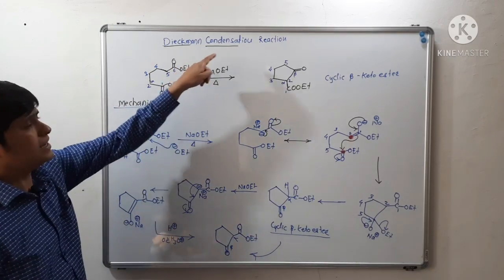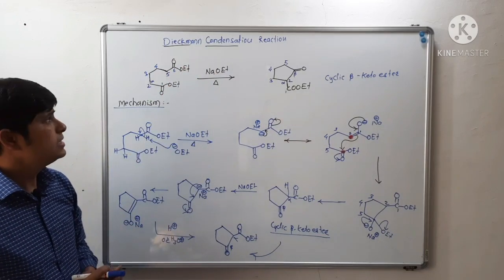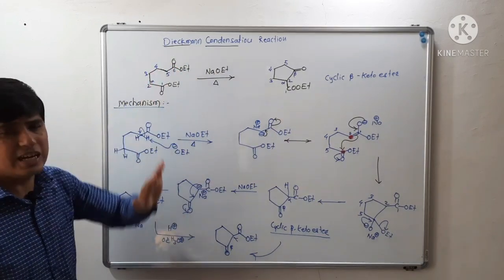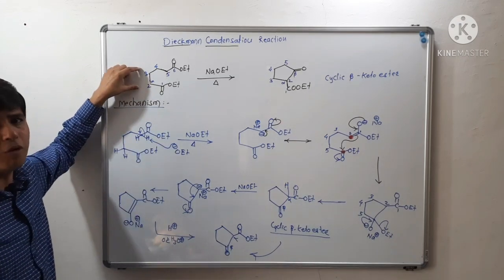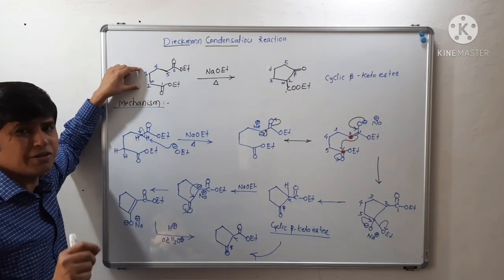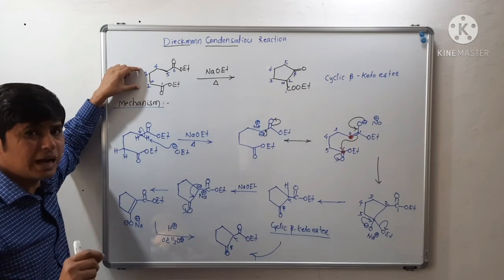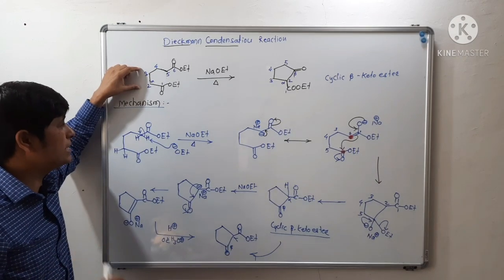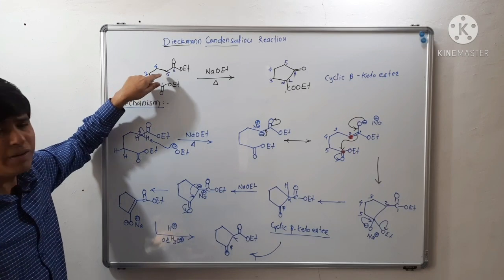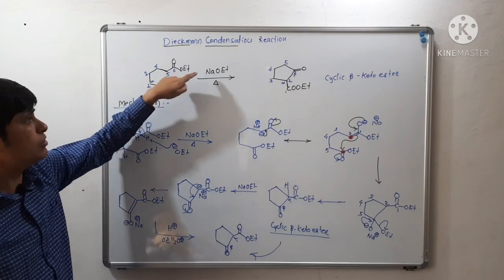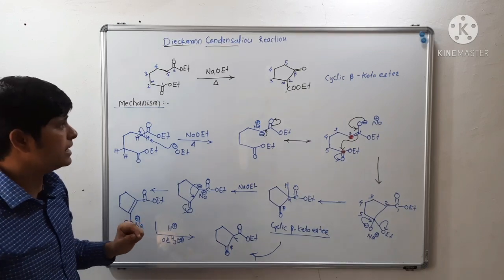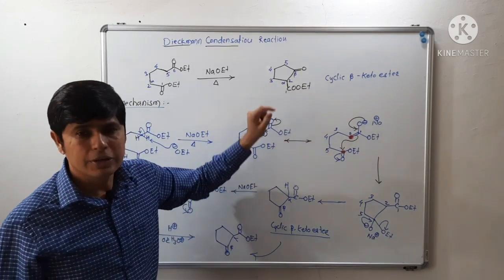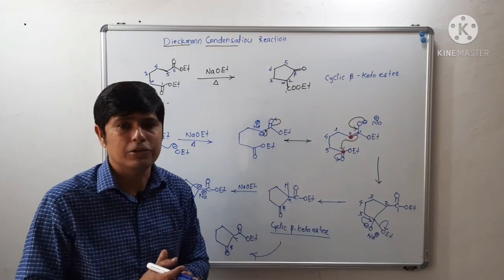So this is a Dieckmann condensation reaction. See, in Dieckmann condensation, once again I am repeating, a diester molecule which is having at least one alpha hydrogen atom, when we react such a diester molecule with a base like sodium ethoxide, it will give a cyclic beta keto ester.